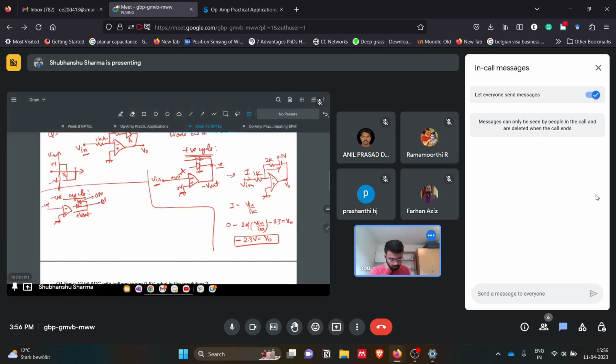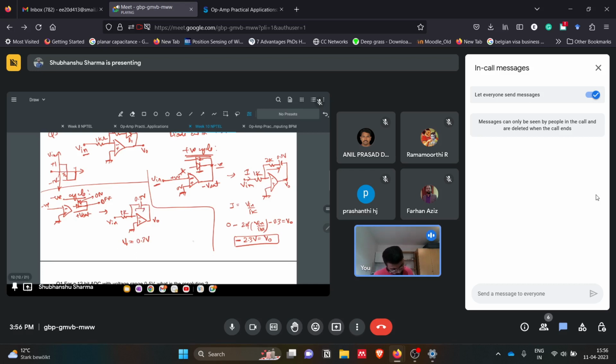We get a circuit with V in, and V naught here is 0.3 volts, with the 1k resistor. So simply, V naught will be 0.3 volts, because we simply use KVL here.